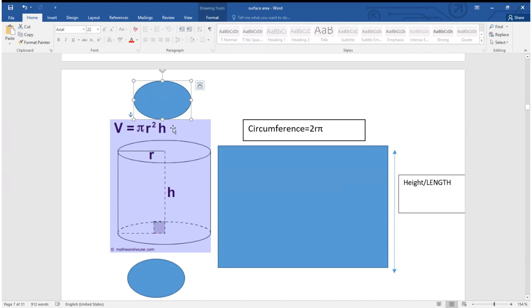So it means this part is not here. Let me delete it. So it looks like that. The curved surface area is going to remain, and then we have the bottom here. So it is made by one circular part and one curved surface area.